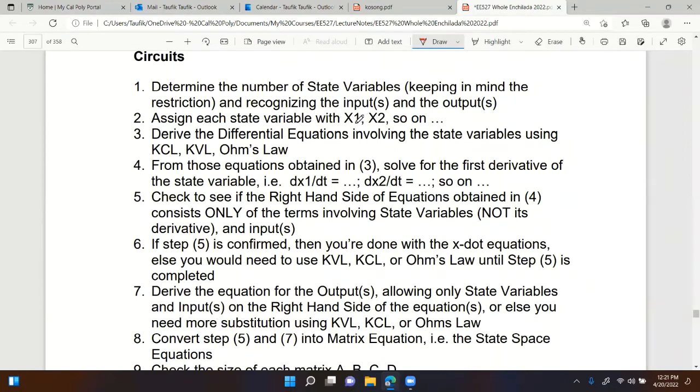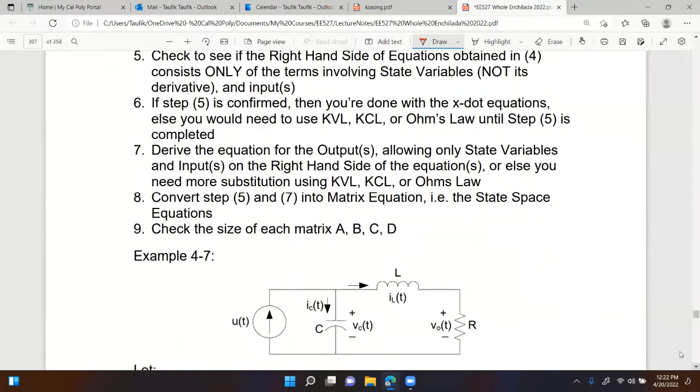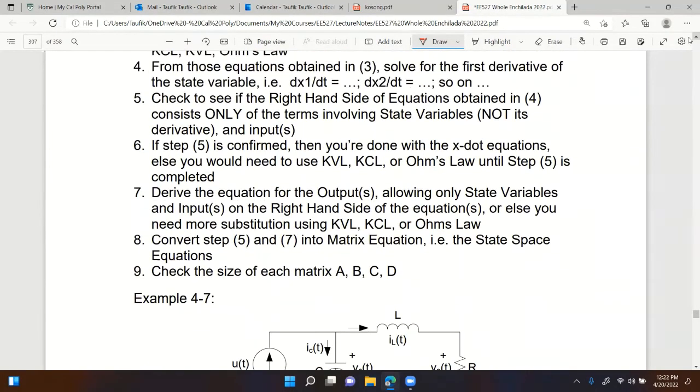Number 2, assign each state variable x1, x2, and so on. Number 3, derive the differential equations involving the state variables using KCL, KVL, Ohm's law, mainly those 3. And then from those obtained in 3, solve for the first derivative of the state variables.